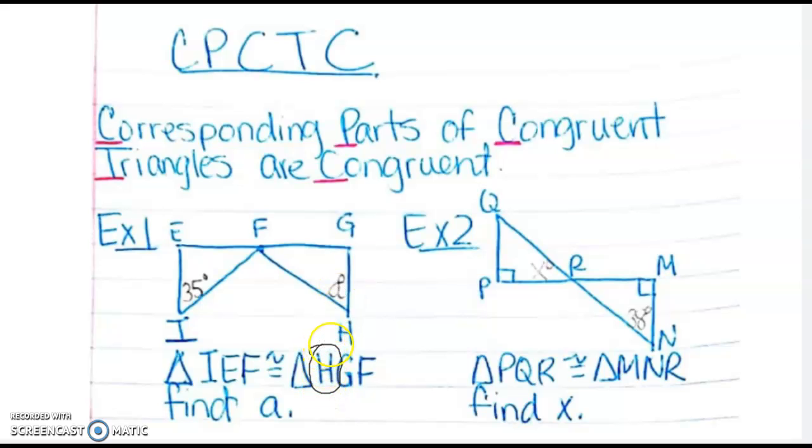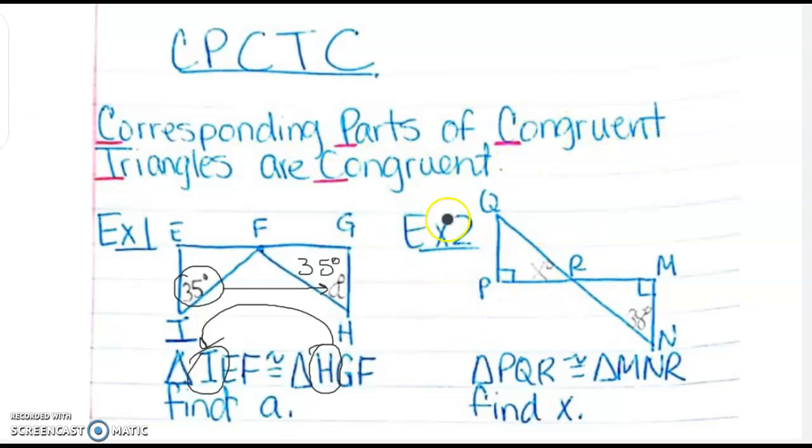So that corresponding part is going to be the first letter listed here, I. So I and H correspond. And since I already know the triangles are congruent, and I see angle I is 35, well, that means A is also 35 degrees. And that's because the triangles are already congruent. That means all the corresponding parts are congruent as well.